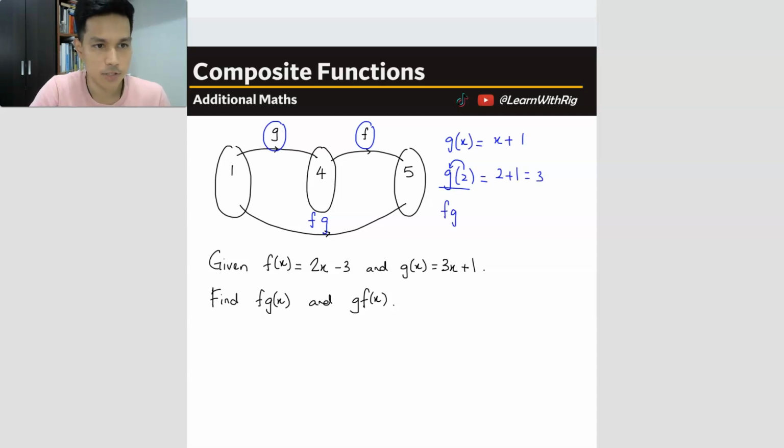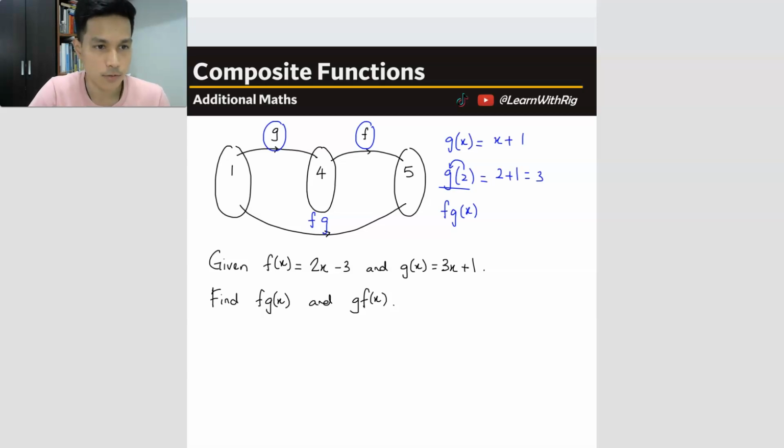When I write fg(x), or let's say fg(2), for example, what I'm trying to do is take the 2, substitute it into the g function, and then the answer I get is going to be substituted into the f function. Or if instead of g(2), I write g(x), what does this mean? x you can't substitute into g because the g function already comes with the x.